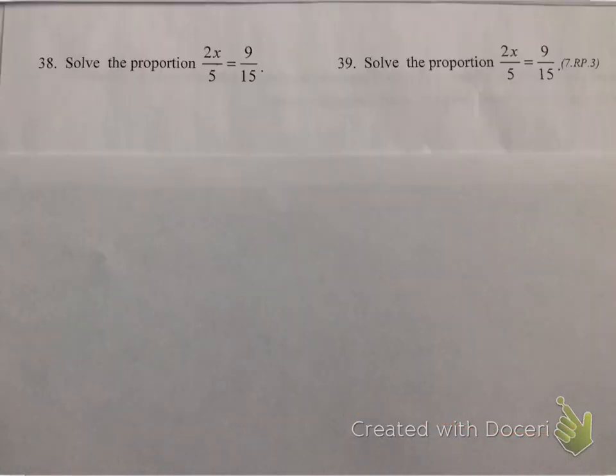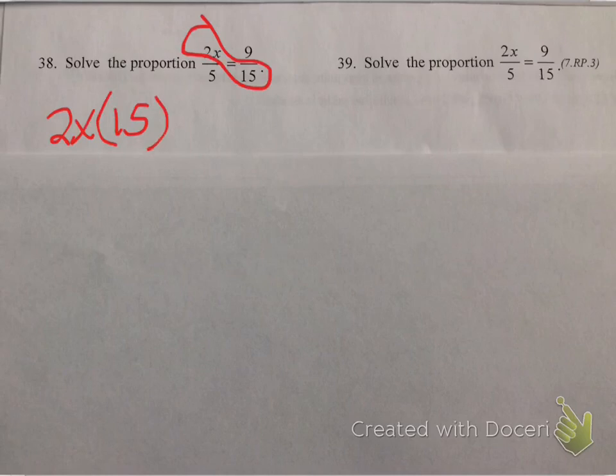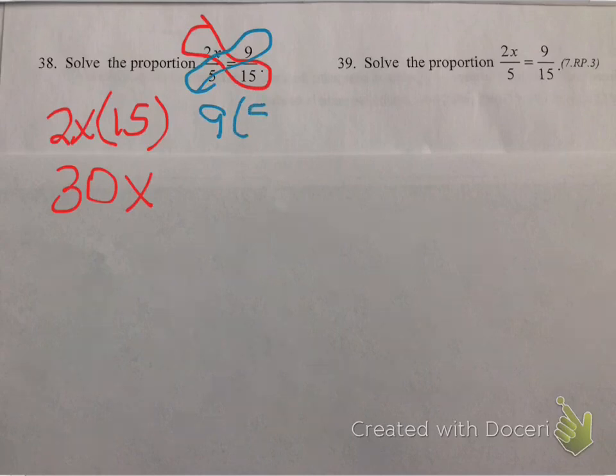38, solving the proportion. We could use the cross product property. 2x times 15 would give me 30x, and 9 times 5 would give me 45.